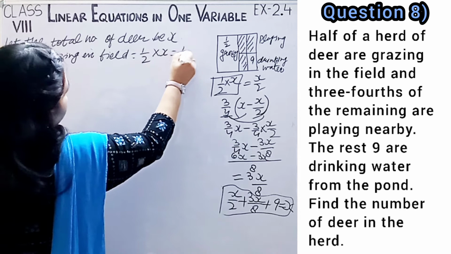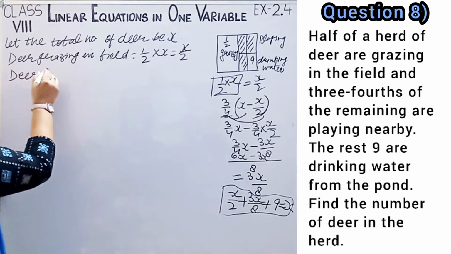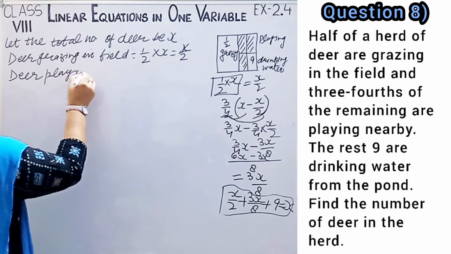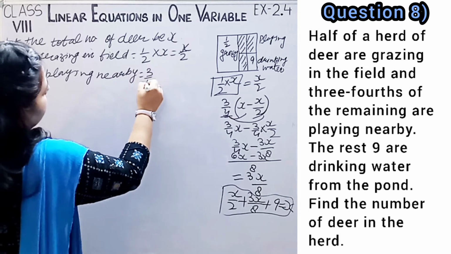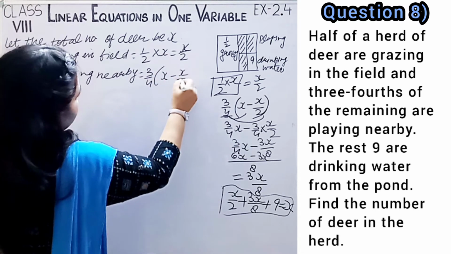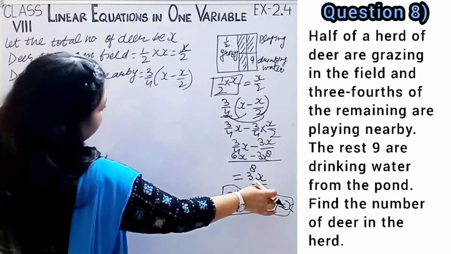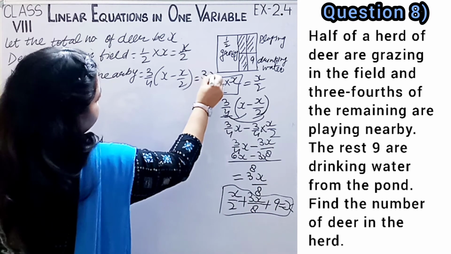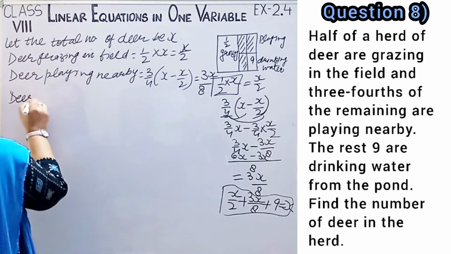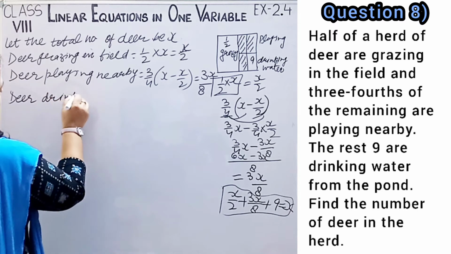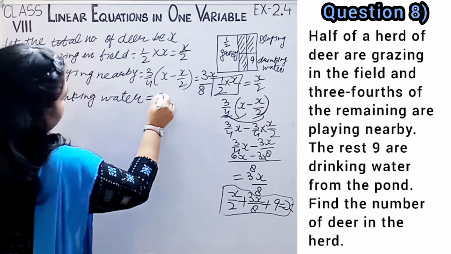x by 2 are grazing, deer playing nearby are 3x upon 8, x minus x by 2 we have already discussed here, and we got this part 3x upon 8. And deer drinking water, 9.